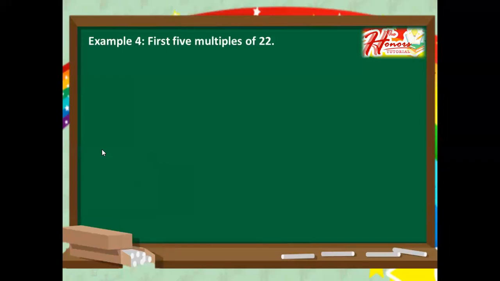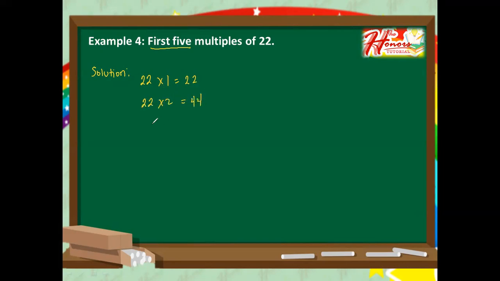How about the first 5 multiples of 22? Same process. Let's write the solution here. And then we have here the restriction, first 5 only. So therefore, let's start our tables of 22 with 22 times 1. That's 22. We also have here 22 times 2.